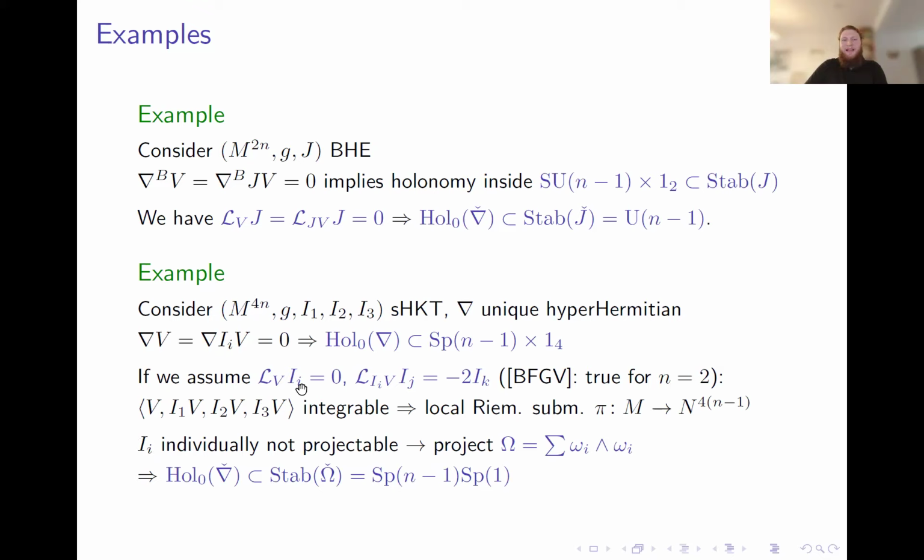And then you check that these complex structures I clearly are not individually projectable. This equation tells you that you cannot project them individually. So you have to be a bit more clever. And what you can figure out, if you've seen these kinds of geometries, is that you can define this four-form, which is just the sum of the wedge of the squares of the fundamental forms.